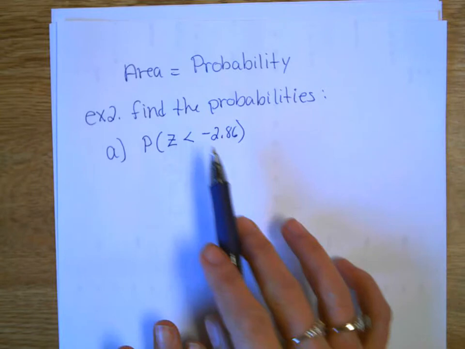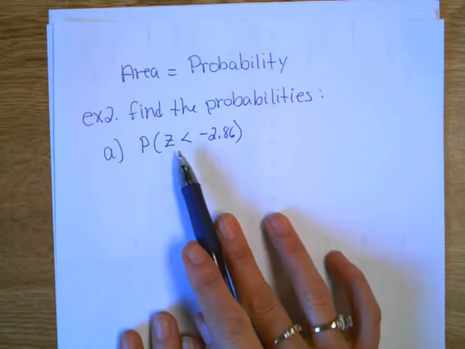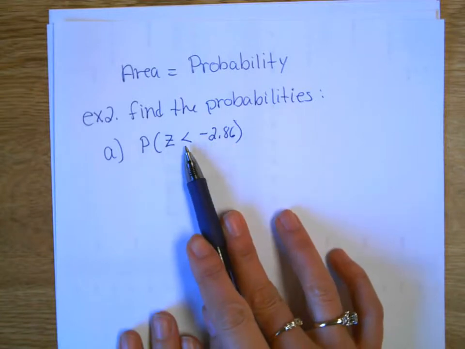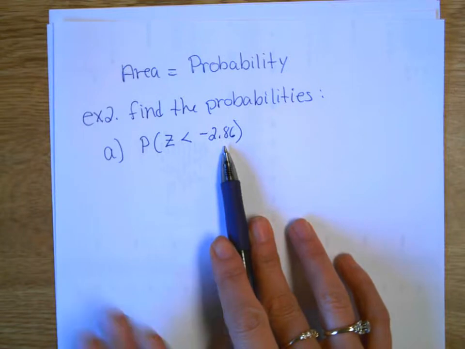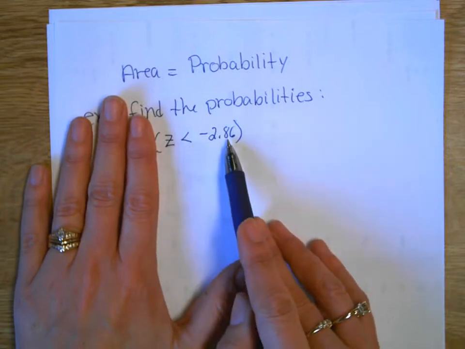What would be the area question here that says the exact same thing as this? What's the area to the left of negative 2.86, because I'm going less than? It's the same question. Let me get rid of the word probability. Z less than negative 2.86.